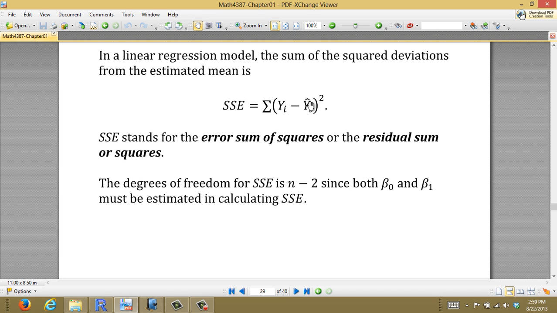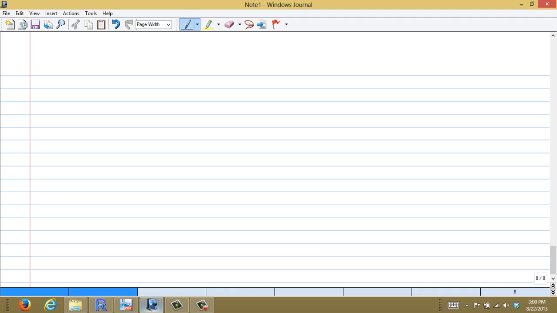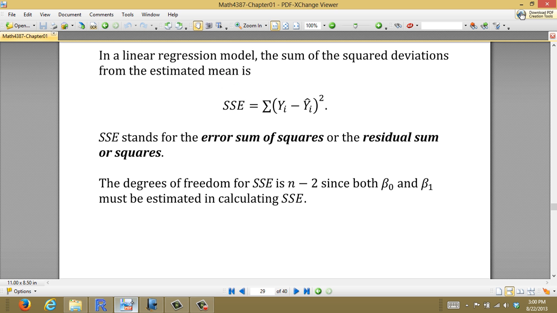And the degrees of freedom for the error sum of squares is going to be n minus 2, because in order to get this sum, we had to estimate both beta naught hat and beta 1 hat along the way. Because remember, y hat sub i is equal to beta naught hat plus beta 1 hat x sub i. So in order to get the estimated mean for the ith observation, we have to estimate both beta naught and beta 1. And so this sum has n minus 2 degrees of freedom.